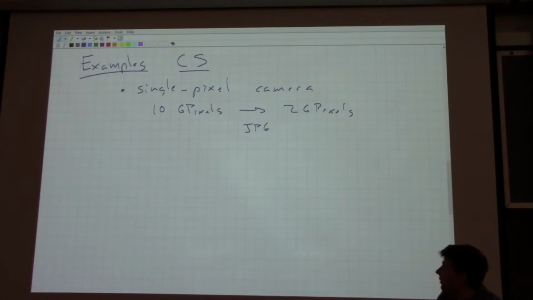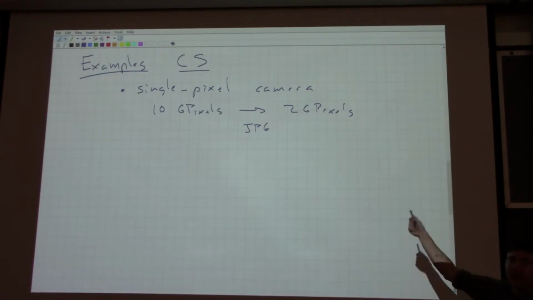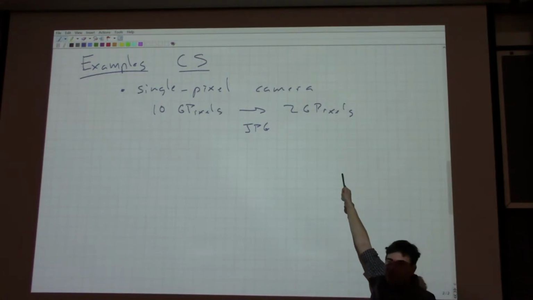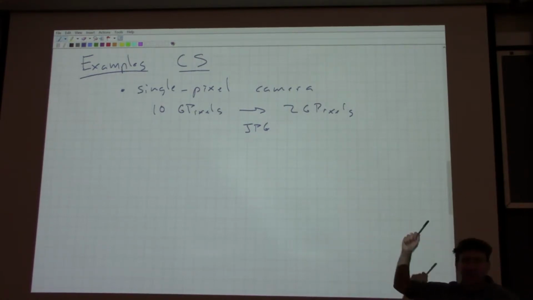Okay, so you're doing this compression, and this is before it gets stored in the memory card on your camera or on your iPhone. It's doing this in hardware. So what if I just took measurements equivalent of these 2 gigapixels? Could I get back the same image?